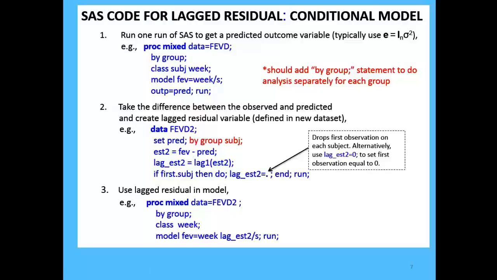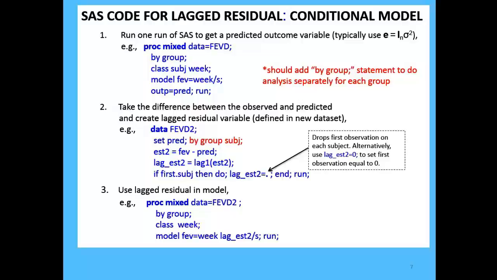Now I'm going to define another variable called the lag residual. The way you do that is you say lag1 EST2. EST2 is the residuals. I'm creating a new variable that gives me the immediately preceding residual for every person's outcome.